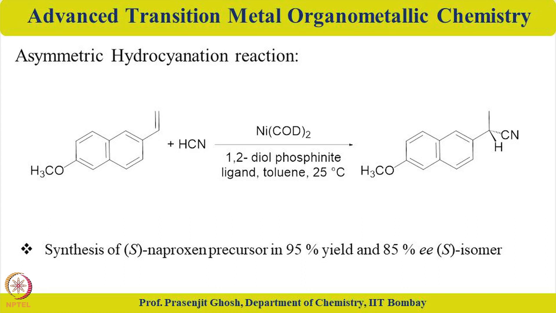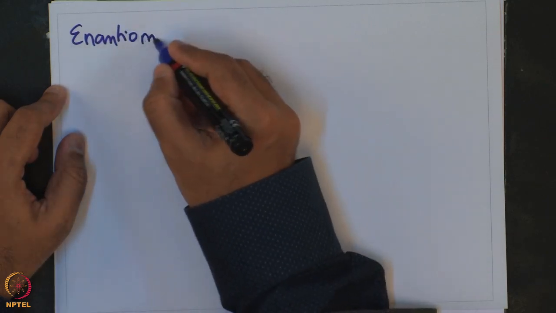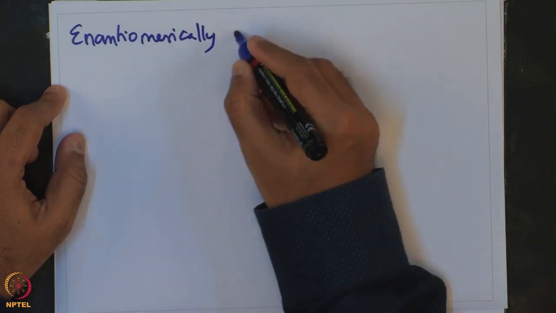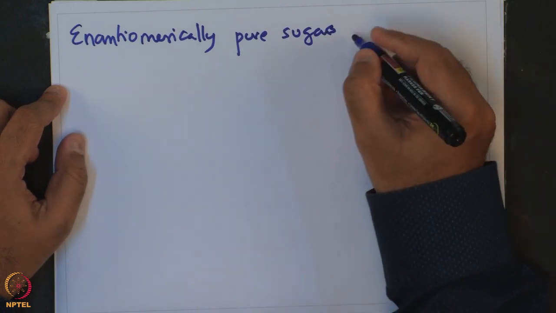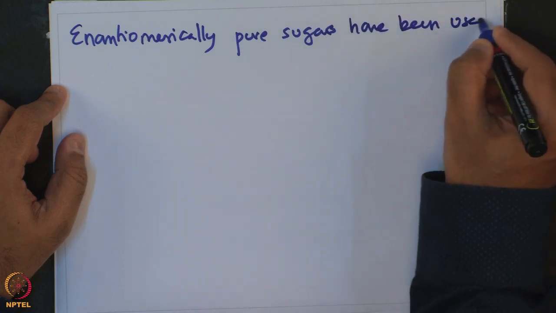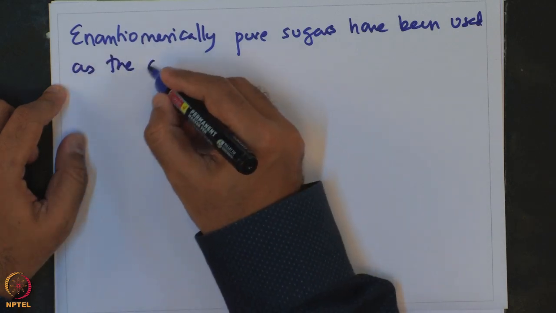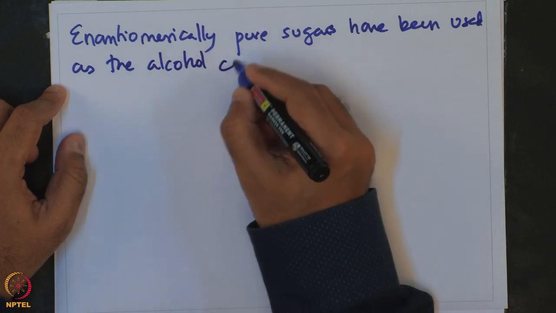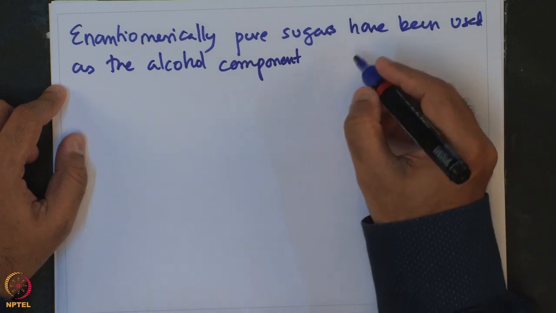I will illustrate this with this beautiful example in which enantiomerically pure sugars have been used as the alcohol component in phosphinite ligand of the catalyst.